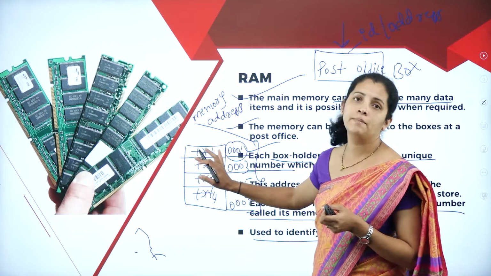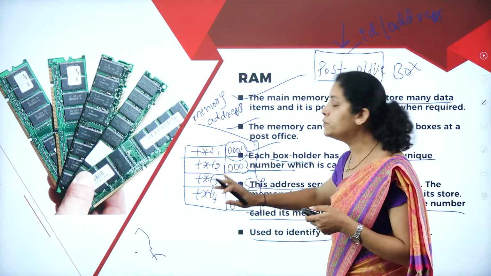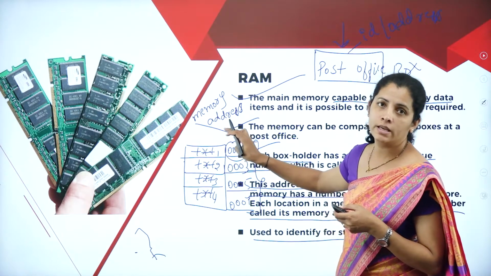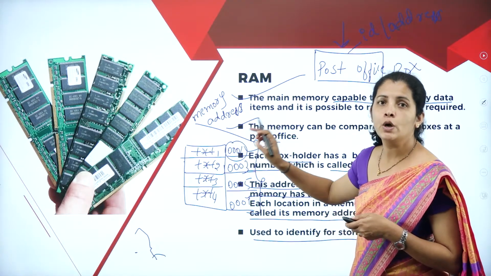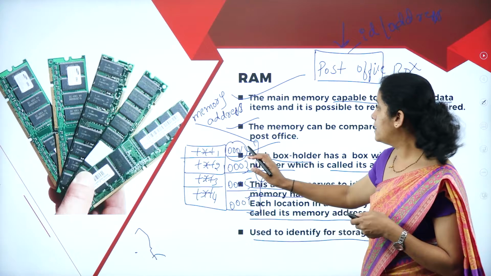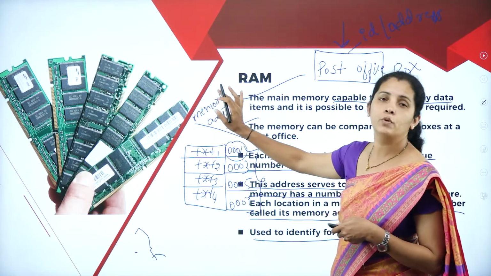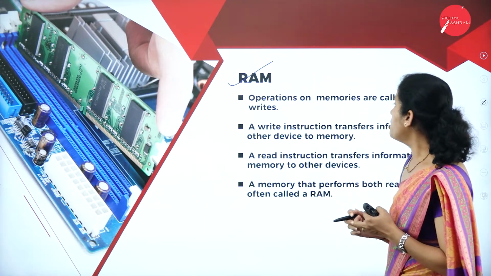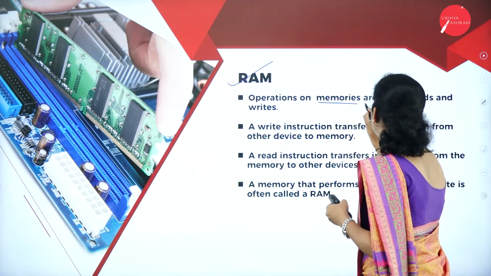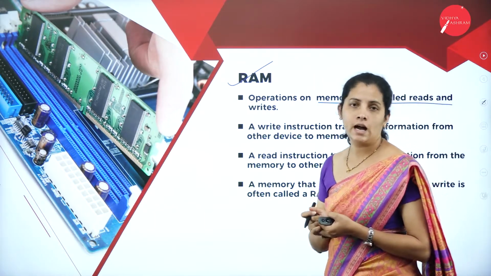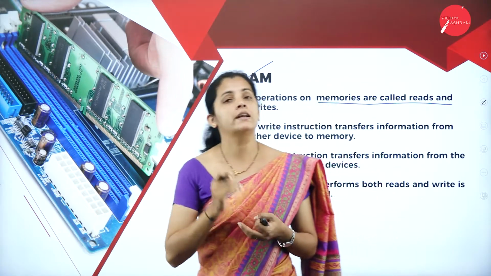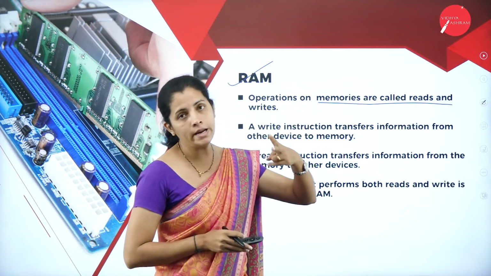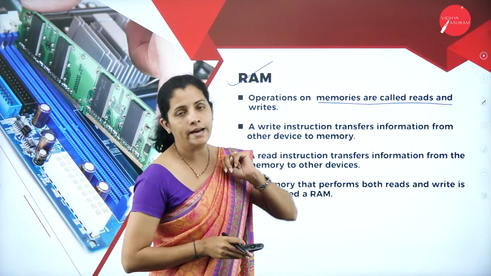At the same time, I can retrieve the data or program stored on the random access memory with the help of the address, that is nothing but the memory address. Moving further, the RAM operations on memories are called read and write. That means here random access memory is capable of performing the read operation and the write operation.